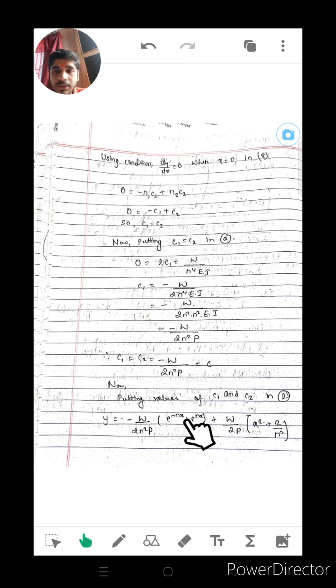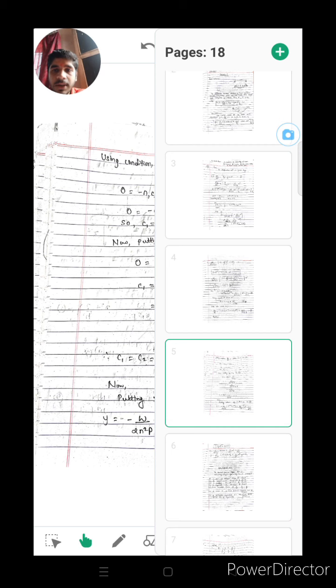So substituting this value as cos hyperbolic x, we'll get this equation, and by solving this equation we'll get the proof. So it is proved from the given.